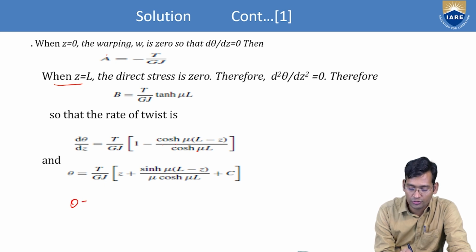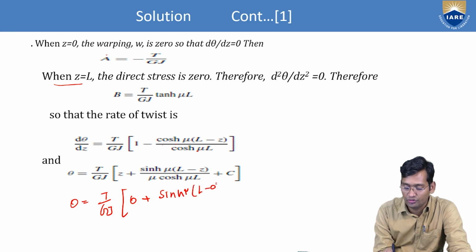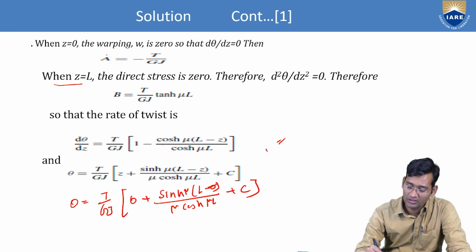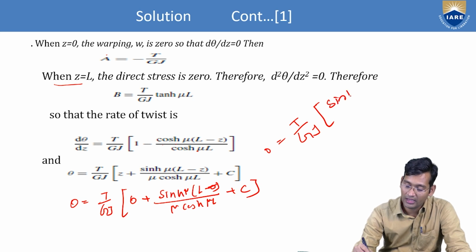So 0 equals t by gj into z is 0, so 0 plus sin h mu L minus 0 by mu cos h mu L plus C. L minus 0 is simply L. So what we can write: 0 equals t by gj into sin h mu L by mu into cos h mu L plus C.